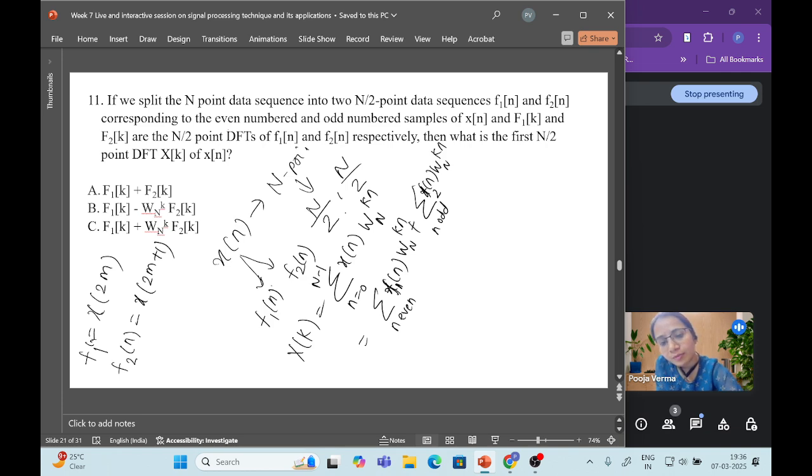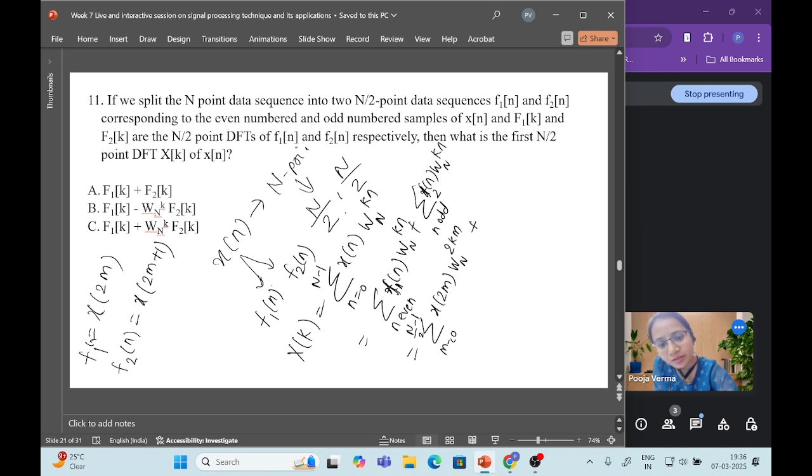Now in place of the even numbers we can write 2m, so m will vary from 0 to N by 2 minus 1, because we have divided N by 2. So here F1 is the sum of x(2m) W_N^(2km), because it is the even sequence.